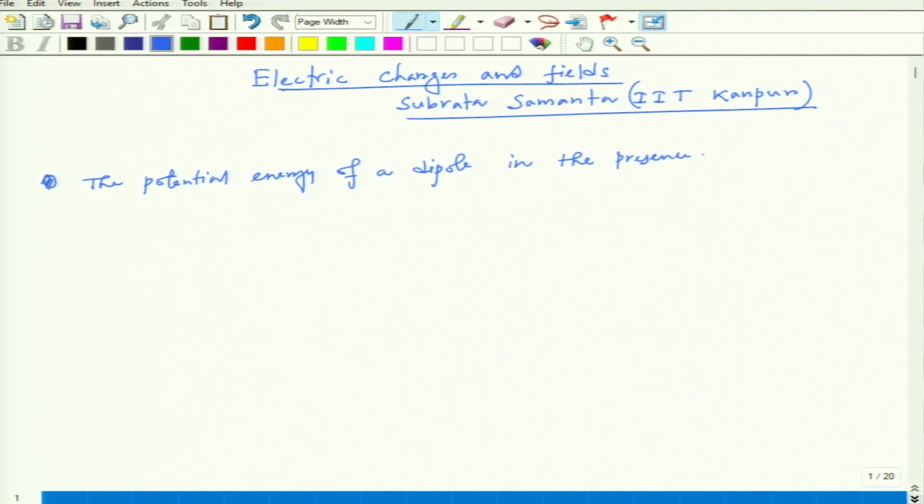In the presence of an external field, U is minus P E cos theta. If we write it in vector form, it is minus P vector dot E vector.